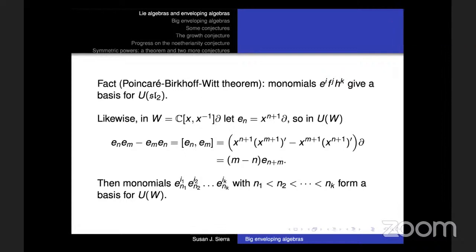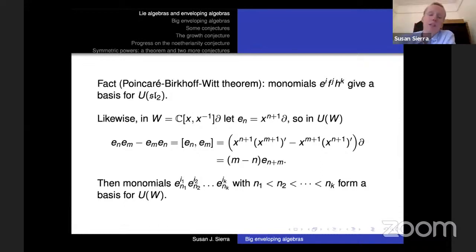Can I ask a quick question, please? Yes. Is this order fixed, or can one choose a different order and we can still have the same statement? Yeah, no, it's not fixed. You choose a basis for your Lie algebra, you also choose an order on the basis.